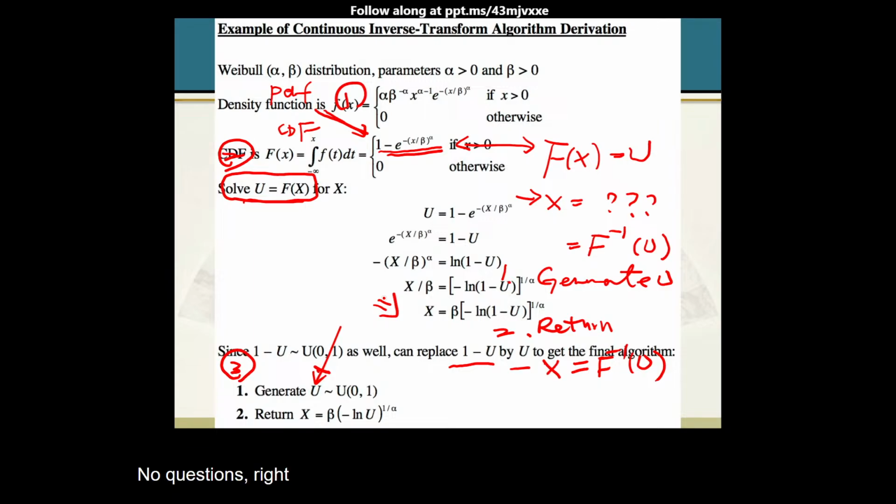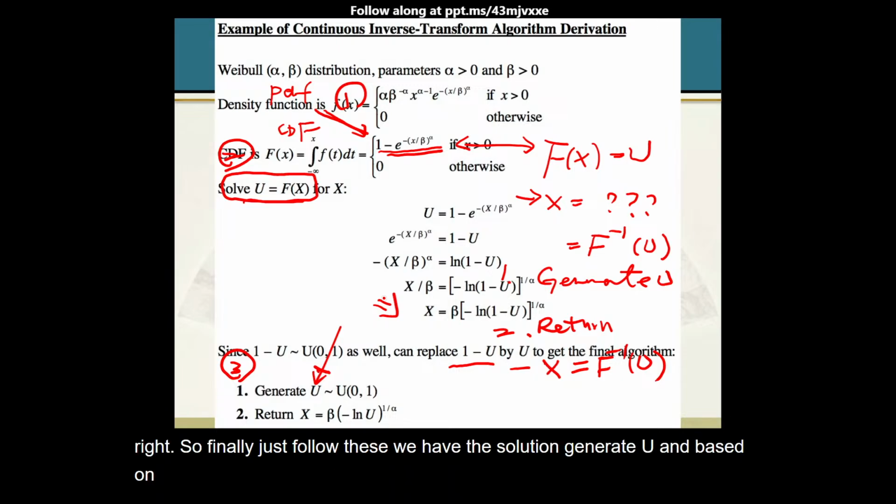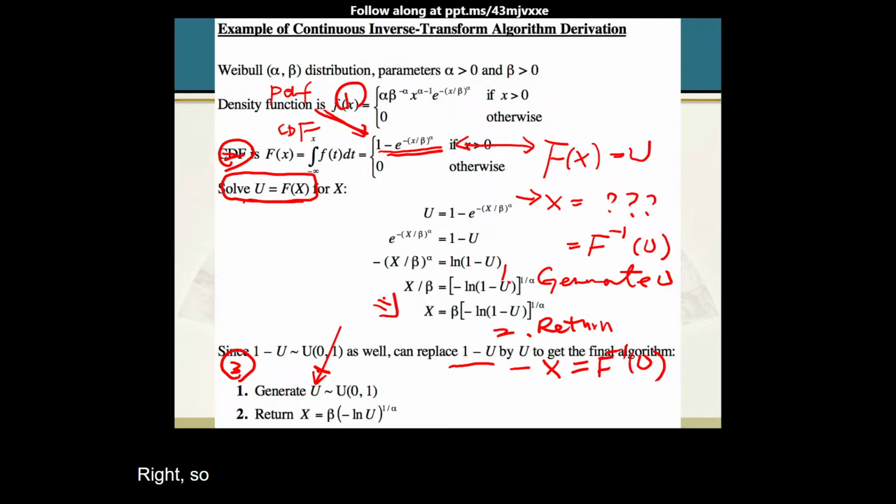Solve this equation to have x. Okay, right? So finally, just follow this to have the solution. Generate u, and based on this formula, return this. Right? So we have step 1 to step 3.